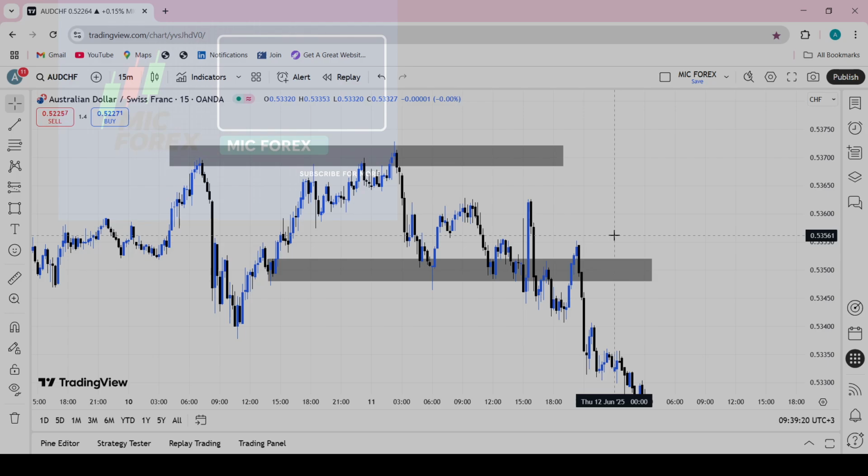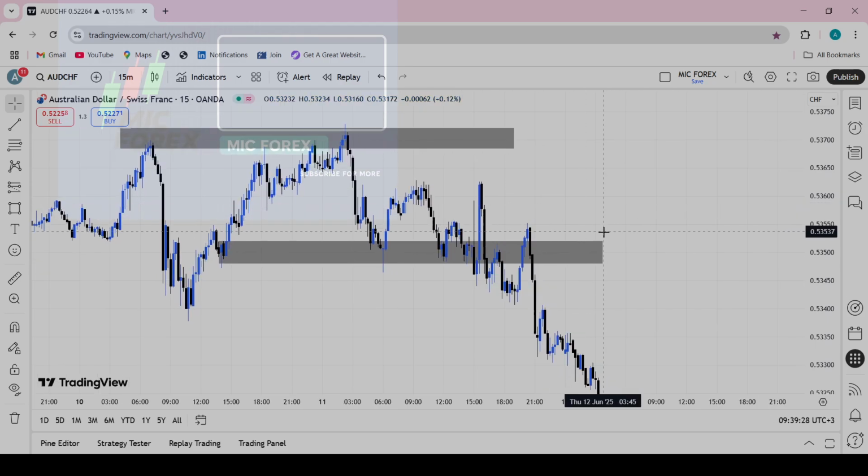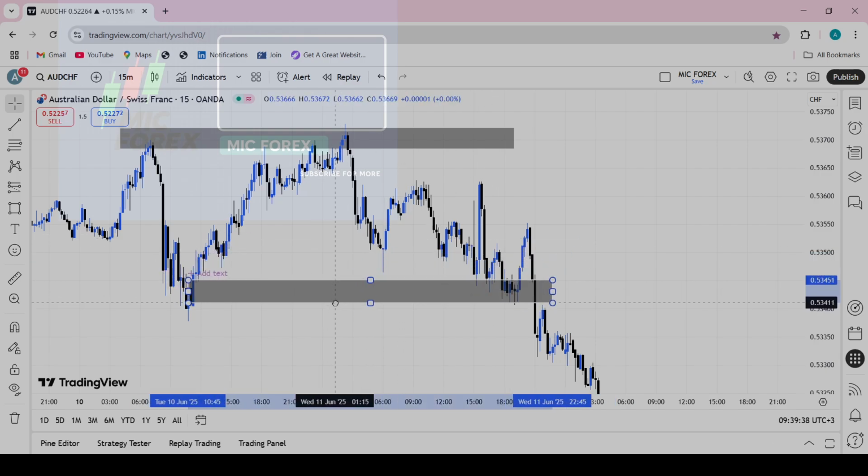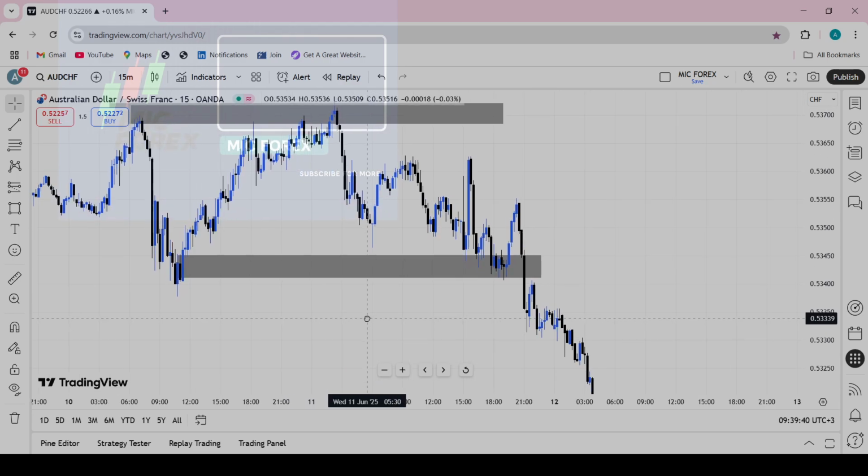Usually price respects zones, and that is why I like the strategy that I'll be teaching you, the one that I trade using. I'm not saying that this one is inferior. I'm only telling you that it is not very exact. Actually, even going with this one, I think this one is the best. We can just go on with this.